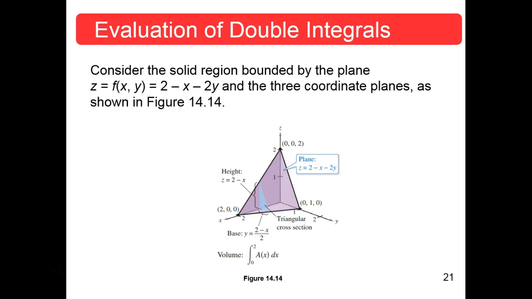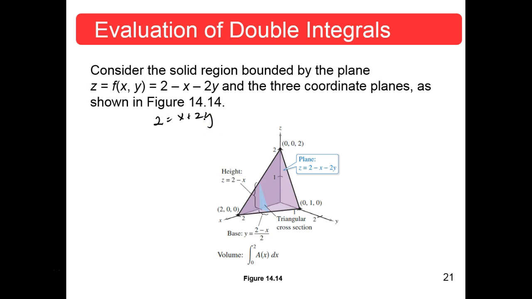What value is this here? Well, this line down here is where z is equal to 0. Let me write this out because it's hard to explain otherwise. If z is equal to 0, you have 2 is equal to x plus 2y, right?